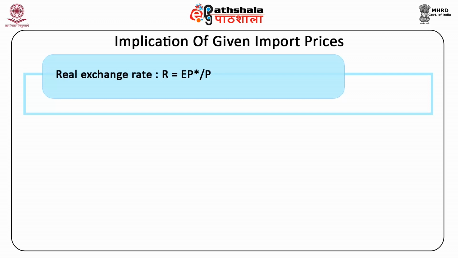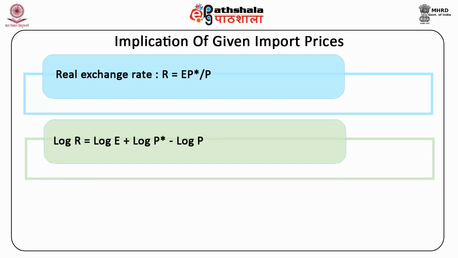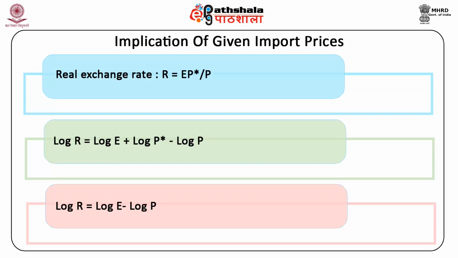Taking the natural log on both sides, we get log R = log E + log P* - log P. Since P* is fixed, normalizing it to 1, we get log P* = log 1 = 0. Thus, the above equation becomes log R = log E - log P.